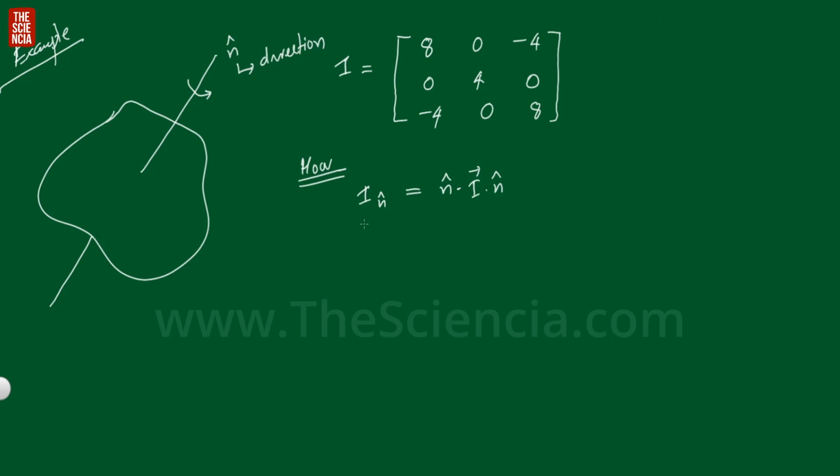So to find out I in the direction of n cap, we have to find out n cap dot I tensor dot n cap. So my question is, find out I about an axis, and the direction of the axis is 1 by 2, root 3 by 2, 0. This is the direction vector of the axis.